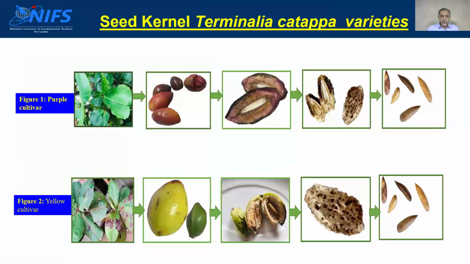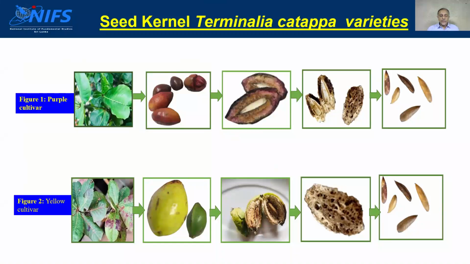This slide shows the visual appearance of the fruits from the 2 varieties. The first one is the purple variety shown above, and below we find the yellow variety.